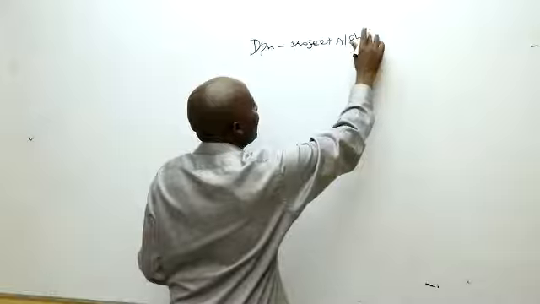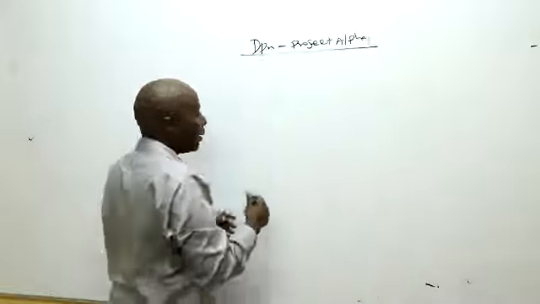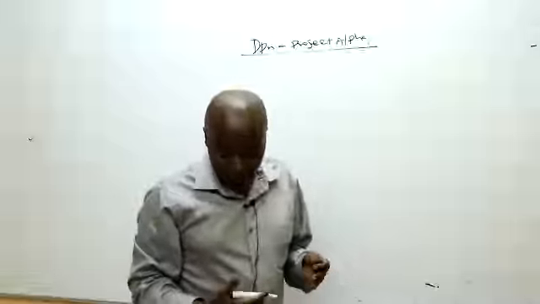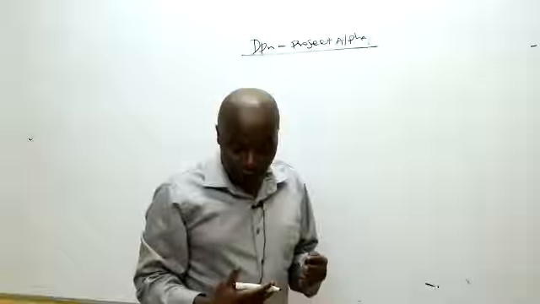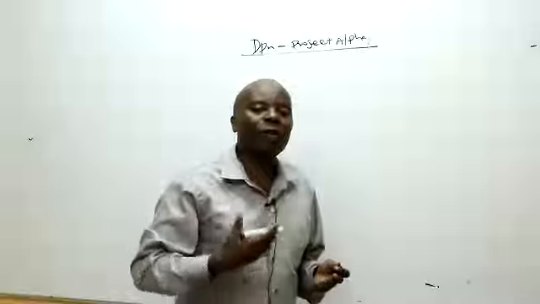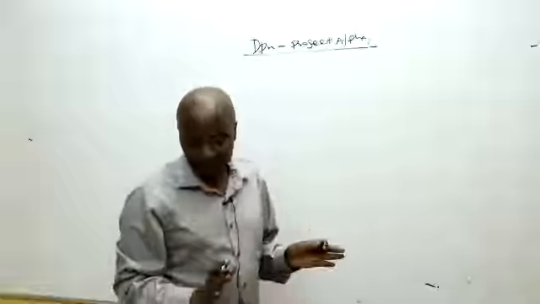Project Alpha depreciation, ladies and gentlemen, they have told me to use the straight line method. And of course, if they are quiet, we always prefer the straight line method to any other method in finance.